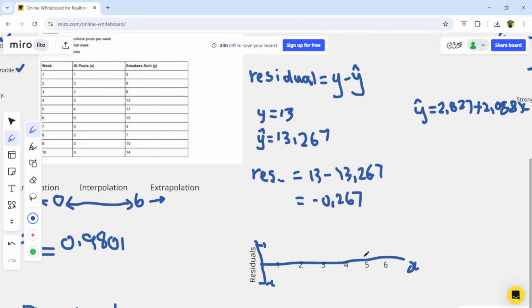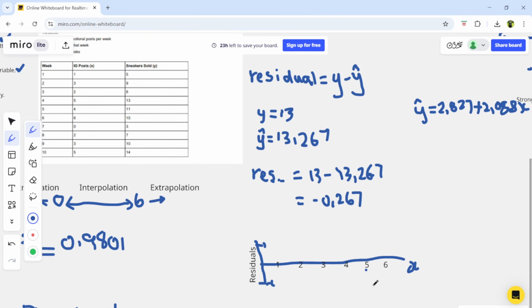It was 5, so it's 5 and minus 0.267, somewhere here. So your point is going to be there. Basically, a residual plot is the graphical representation of the x values against the residuals.